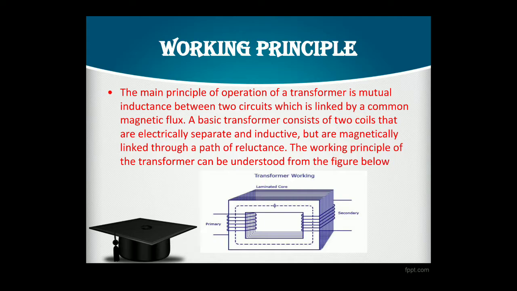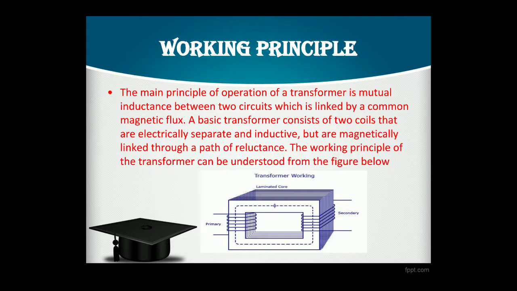When the voltage is applied to the primary winding, a flux phi is produced in the core, which is linked with the secondary winding, and hence an EMF is induced in the secondary winding. This flux also cuts the primary winding, so there is a self-induced EMF in the primary winding.